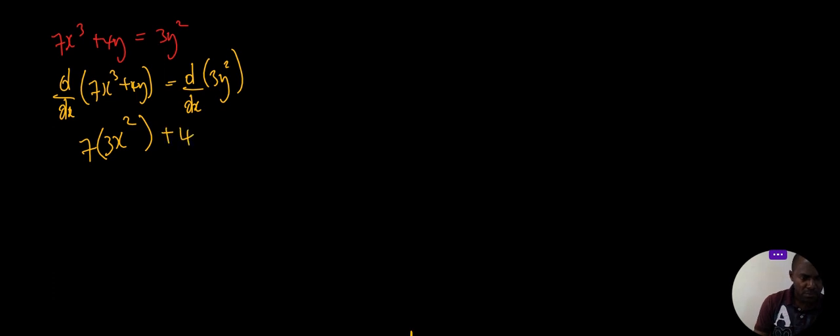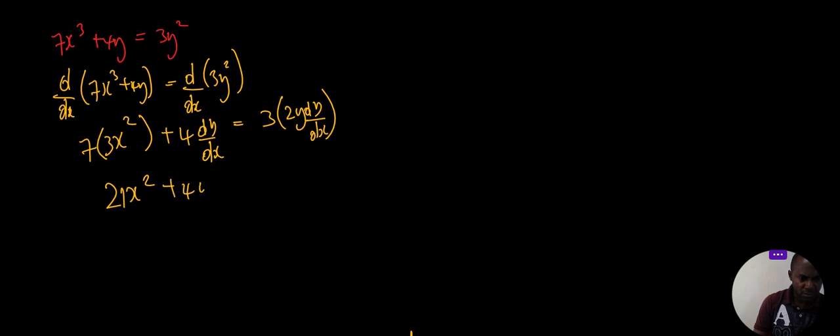Plus 4 dy by dx is equal to 3, and we differentiate y squared, which gives us 2y dy by dx. Alright? So therefore, we get 21x squared plus 4 dy by dx is equal to 6y dy by dx.